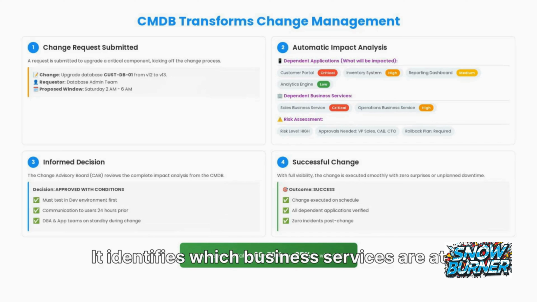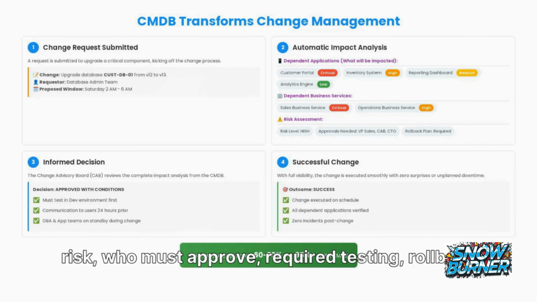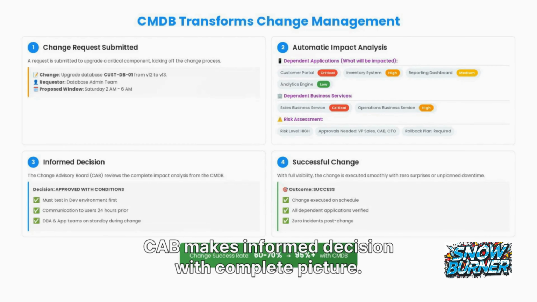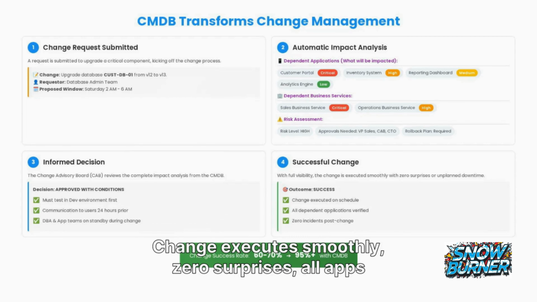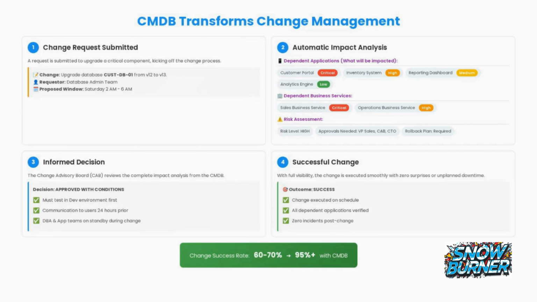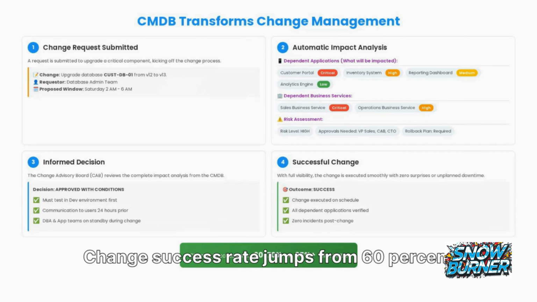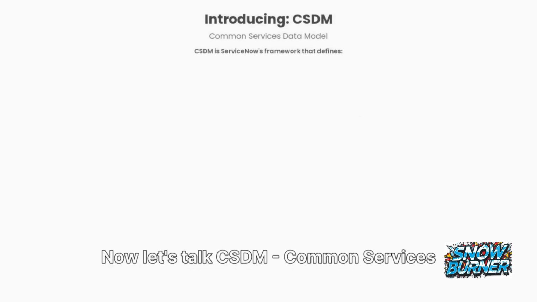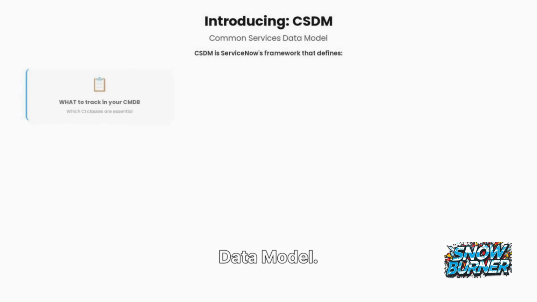It identifies which business services are at risk, who must approve, required testing, rollback needs. CAB makes informed decision with complete picture. Change executes smoothly, zero surprises, all apps verified. Change success rate jumps from 60% to 95%. CMDB eliminates the guesswork.